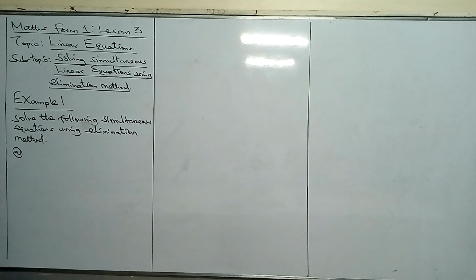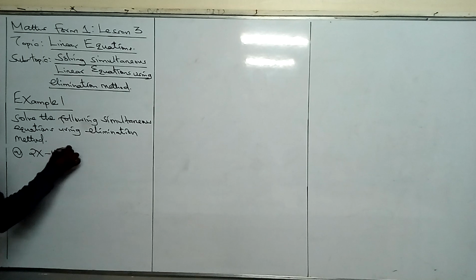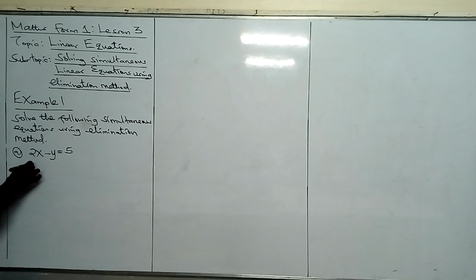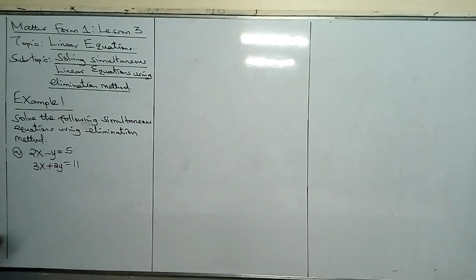A: 2x minus y is equals to 5. Another one: 3x plus 2y is equals to 11. So these are 2 linear equations which we call simultaneous linear equations.